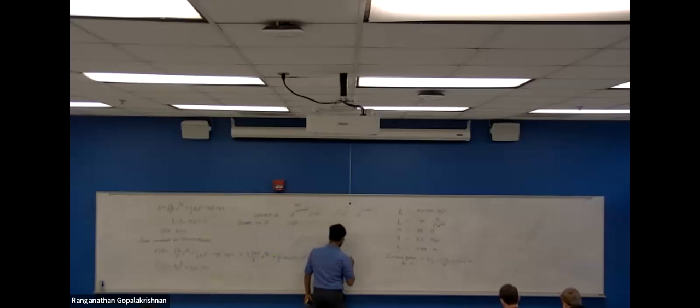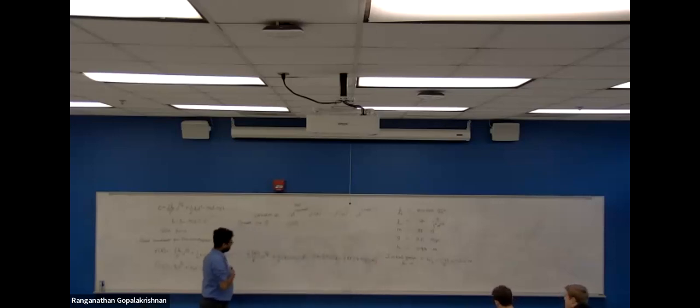Then 95 times 9.81 times h, which is 0.43 meters. What can we simplify here? You can combine all of your constants.